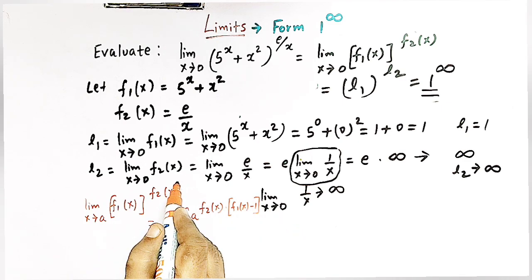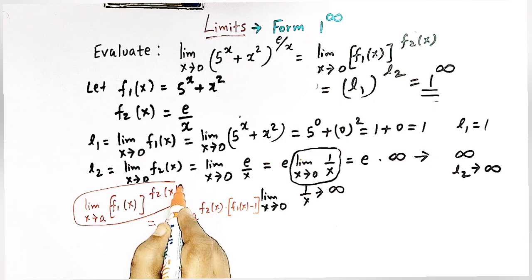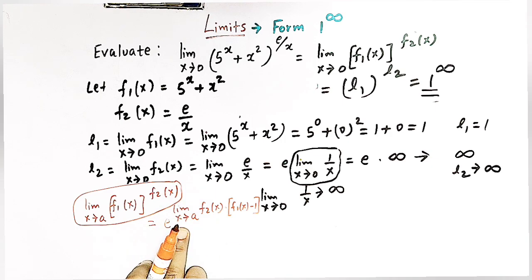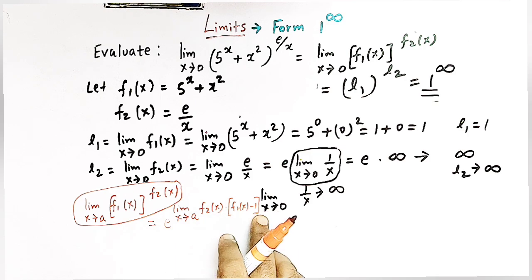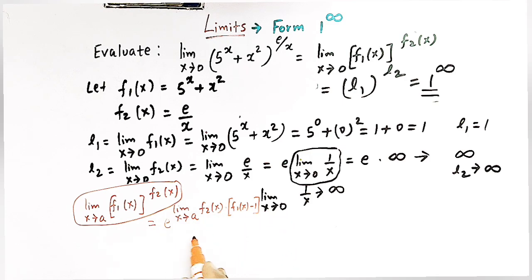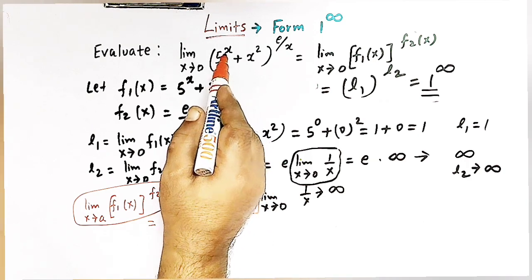So the value of this limit is given by e raised to limit x tends to a f2(x) times f1(x) minus 1. We'll use this result to get the value of this limit.